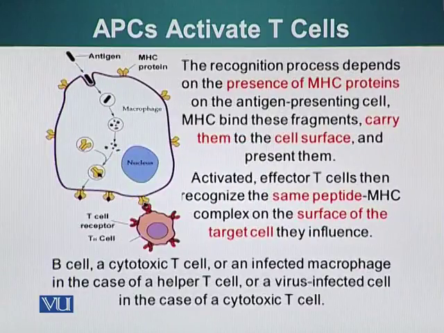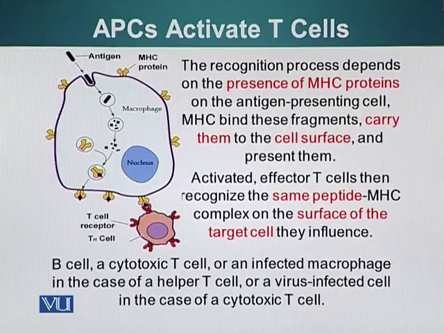The recognition process depends upon presence of MHC proteins on the surface of the antigen presenting cell. MHC, major histocompatibility complex proteins, can bind these fragments, carry them to the surface, and present them.